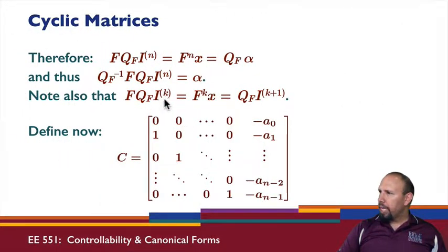And so I can show that if I pick off the kth column of this matrix, I get this, F to the power k times x. So that is, I'm getting this element. This is what I get when I multiply this out. And I can also show that that's equal to the column just immediately on the other side of this. So if I pick off the other side of QF, this is what I get. So I have this relationship here. And so I can now define this matrix C, or actually H.